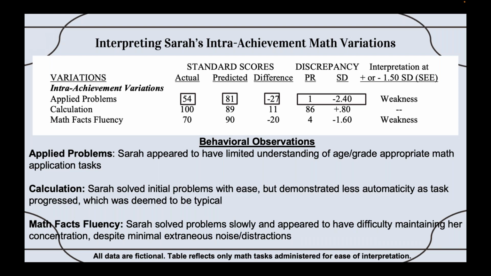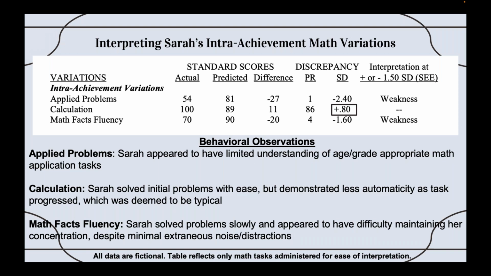Now, if we take a look at the other two math tests that are listed here, calculation and math facts fluency, we can see that calculation, which as a reminder is an untimed measure of mathematical operations, was actually 0.80 standard deviations above expectations. You'll see that her actual score was 100 and her predicted score was 89.